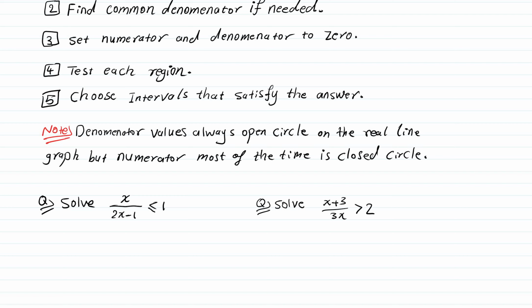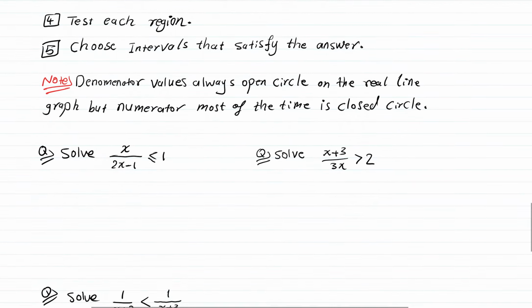Numerator values are most of the time, or we can say always, closed circles, in case they are not in the domain. Sometimes a numerator value is not in the domain, and you can put an open circle for that. If not, most of the time it's a closed circle after graphing. In these three questions I'm solving, all of them are closed circles, or we can say 90% of the time it is a closed circle.